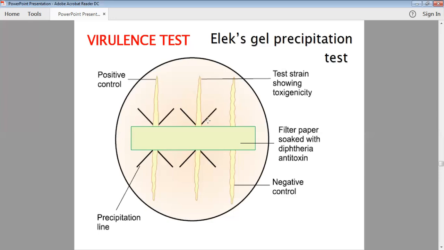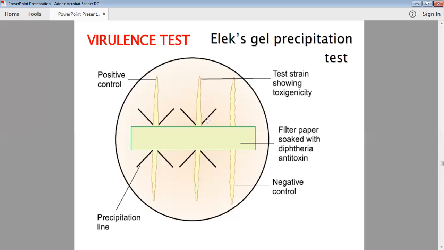This is a simple test, the Elek precipitation test, on 20% horse serum agar. One, a filter paper soaked in antitoxin is placed in the center of the medium. Positive and negative controls are inoculated perpendicularly on the media, and the isolated strain from the patient is inoculated in the center of the medium. Then we incubate for 1 day at room temperature.